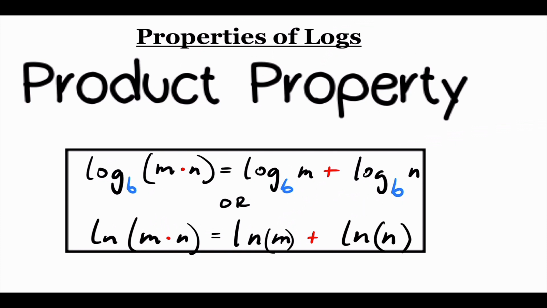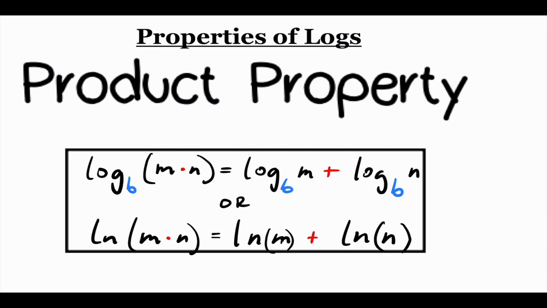So this is the product property. Write the product, quotient, and power. They're on the board too. With each of these properties, you're doing 2 things. You're either expanding or condensing.